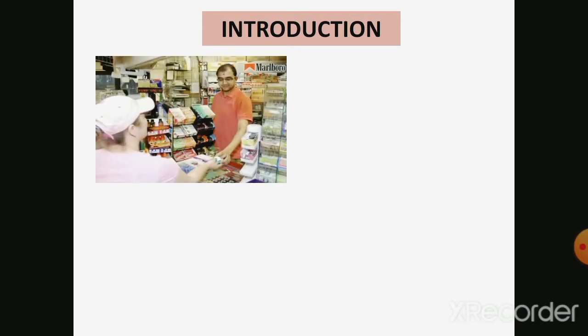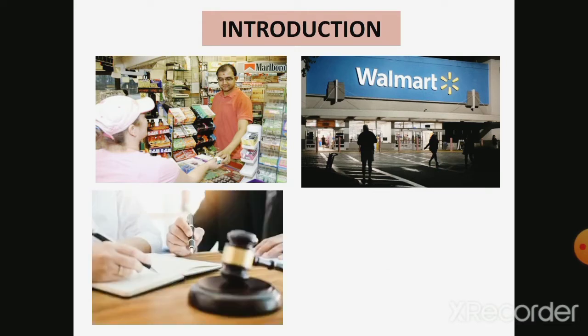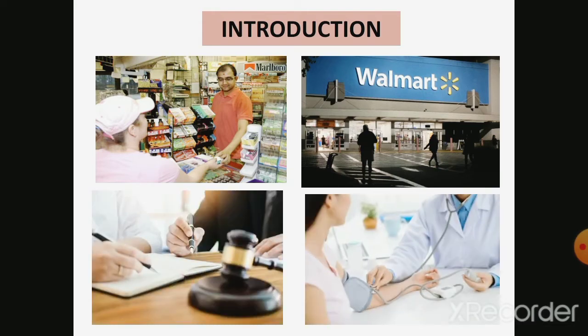Before starting the chapter, we will discuss all types of business organization we come across in our daily life. In a neighborhood market, there are many shops which are owned by sole proprietorship, and there are big retail organizations also which are run by companies. Also, there are people providing services like legal services and medical services, and these are owned by more than one person.